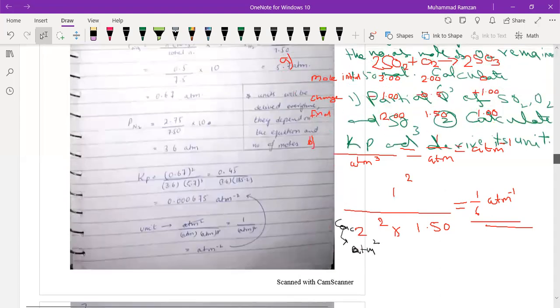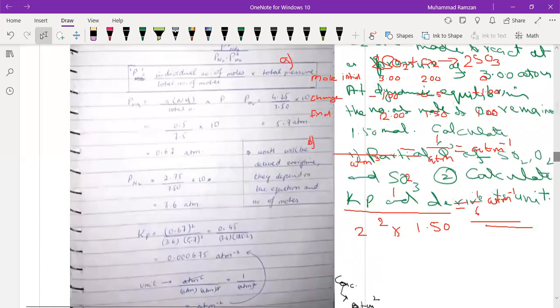This I show you. Can you read this? This is partial pressure. What is the formula? Individual number of moles over total number of moles times total pressure. I don't have the total pressure? Total pressure is 3 atmospheres.